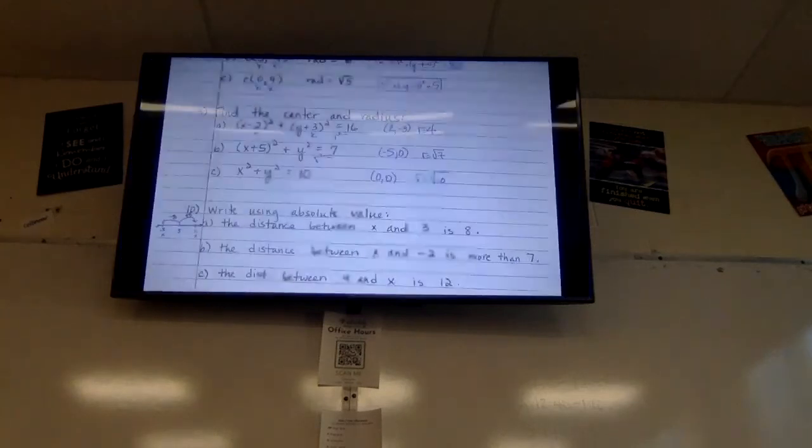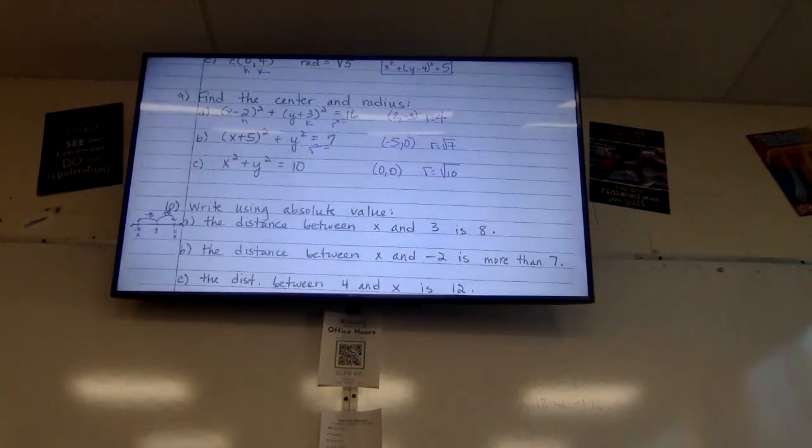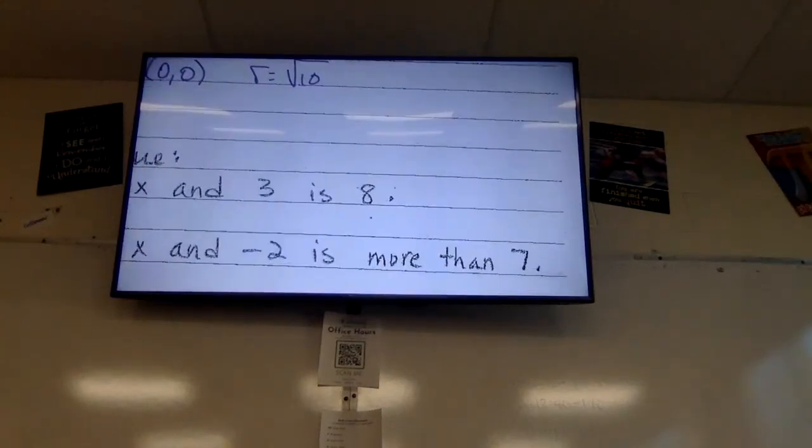When we write this, I don't care what x is. I'm still writing my equation, but I'm thinking about it this way. I'm going to say, okay, x minus 3, the distance of that is 8. I like to use my absolute values to think of it as a distance. I put absolute value there because if I did like 11 minus 3, that's positive 8, right?